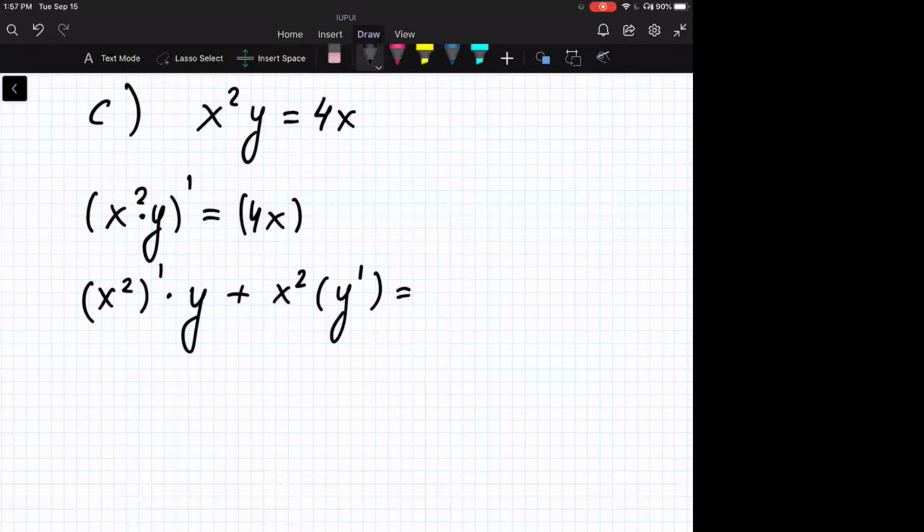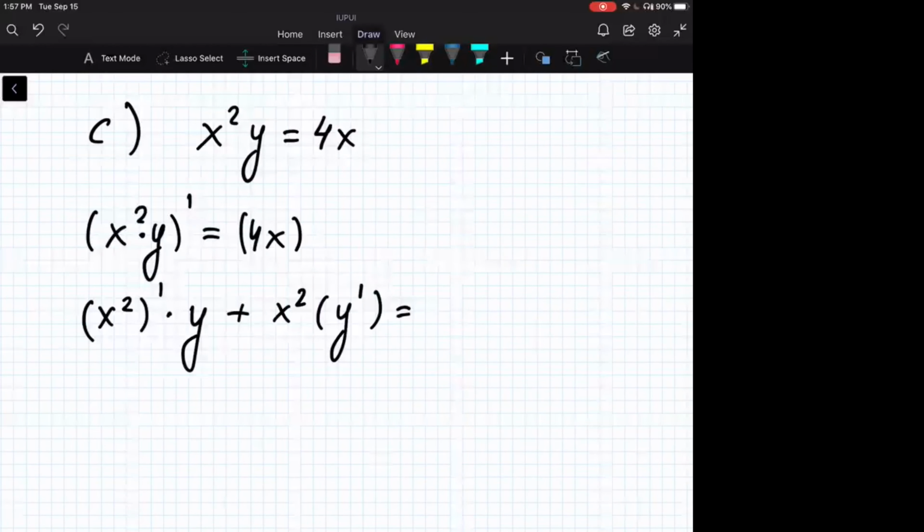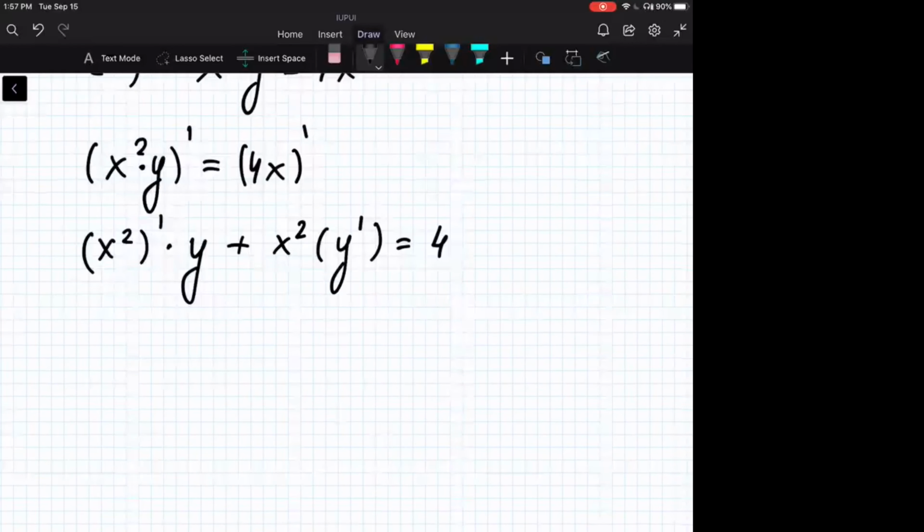So in general, you don't have to have a constant on the right hand side. It can be another function. And so you'll get just 4. And then what you'll get? You'll get 2x times y plus x squared times y prime is equal to 4.